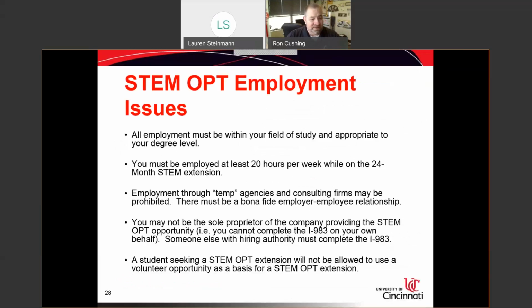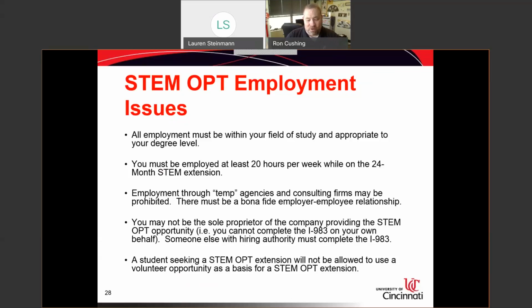All employment, when you're on 12-month OPT or the STEM extension, has to be in your field of study and appropriate to your degree level. And when you're on the STEM extension, you've got to be employed for at least 20 hours a week. You also can't be working for temp agencies or consulting firms. There must be a bona fide employer-employee relationship to get the STEM extension.